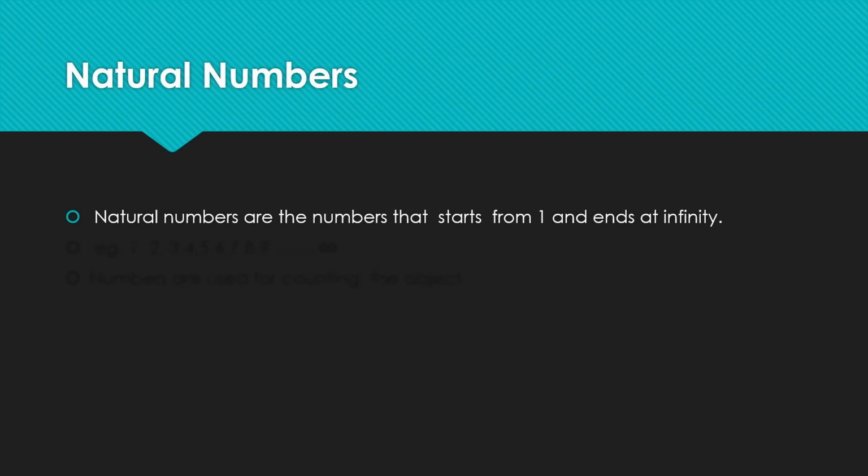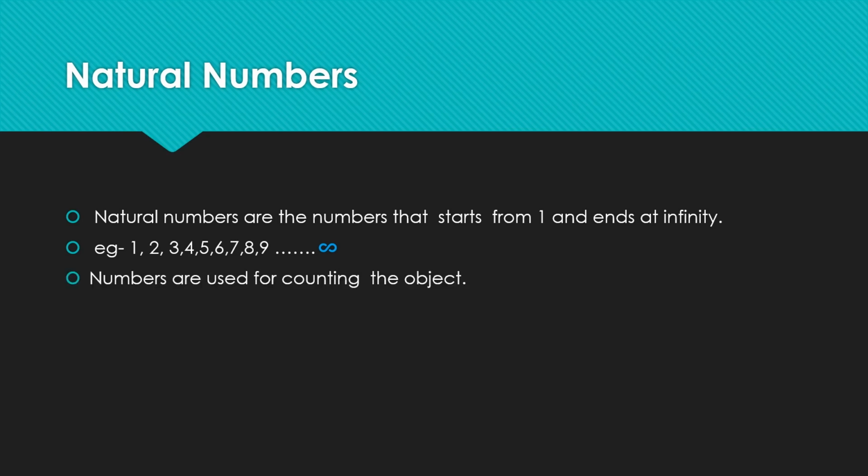Examples are 1, 2, 3, and so on until infinity. Natural numbers usually help us count objects. Which one is the smallest natural number? In this, 1 is the smallest natural number.